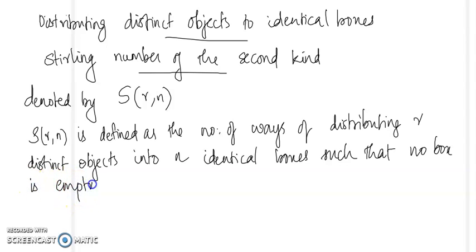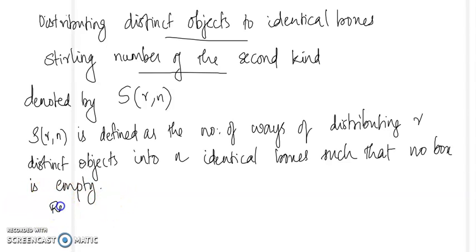So that is the definition of the Stirling number of second kind. So S of r, n is defined as the number of ways of distributing r distinct objects into n identical boxes such that no box is empty.